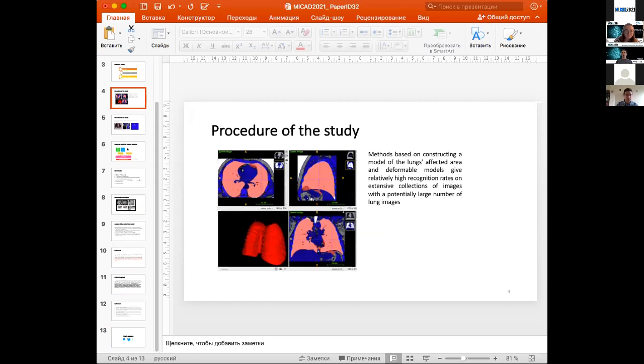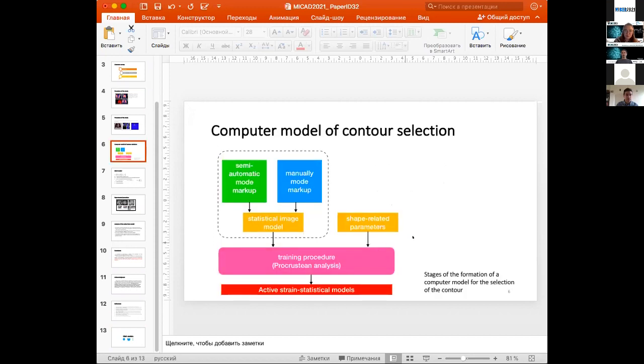Yes, we researched this effect by many data sets. We use the CT data of the Moscow Radiology Center, and with the help of experts we marked them very detailedly.